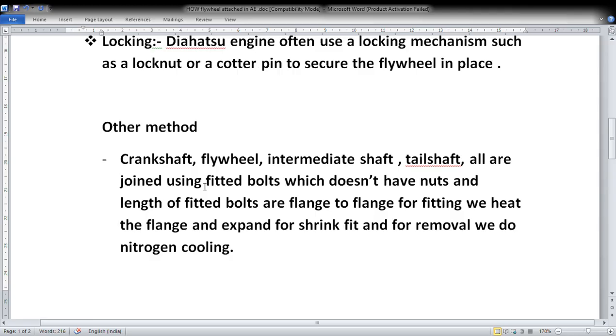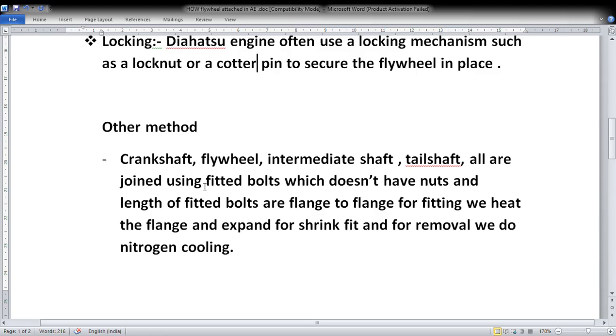So what do we do for fitting it end to end? We heat it so that it expands. Whenever you heat something, there is an expansion that takes place in the metal body. So this expansion takes place, and then you do the shrink fit. There must be an obvious question of how we remove it.